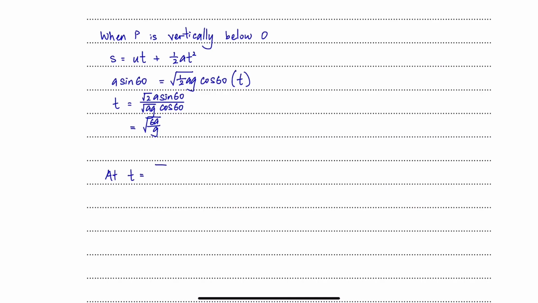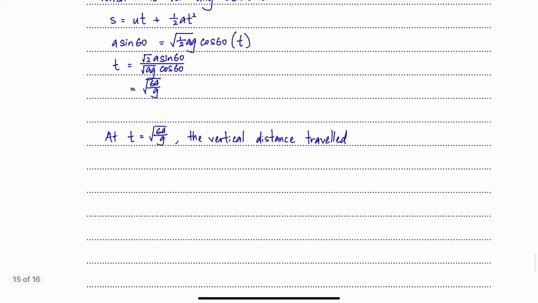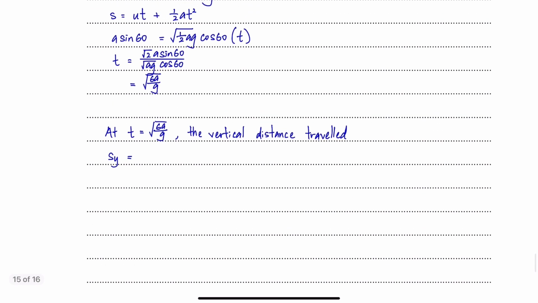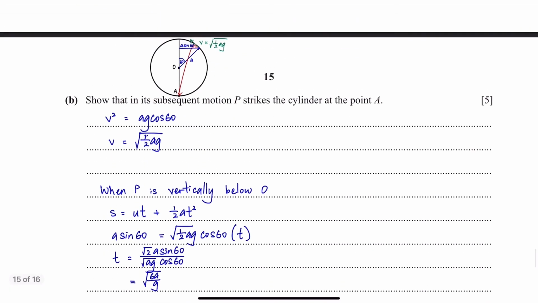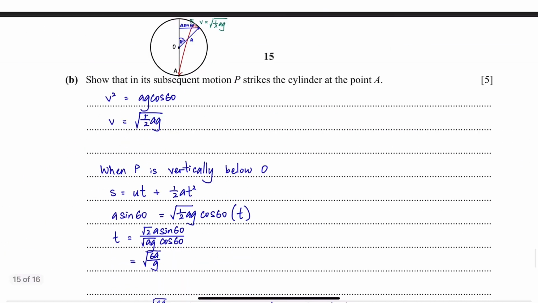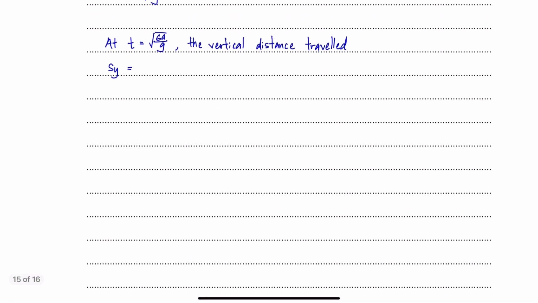So now we just need to find the vertical distance traveled at T equals root 6A over G. We use the same formula. So we have Sy equal to U, which is V sine 60, which is root half AG sine 60, times root 6A over G, that's the time, plus half acceleration, which is negative G, times time squared, which is root 6A over G squared.